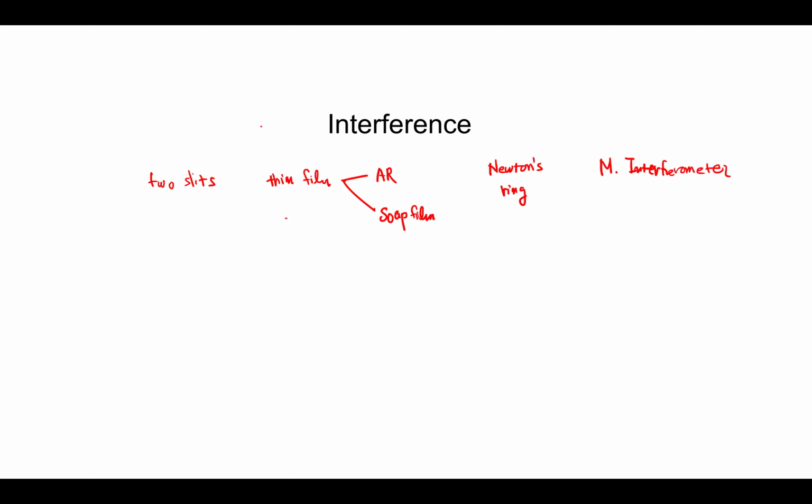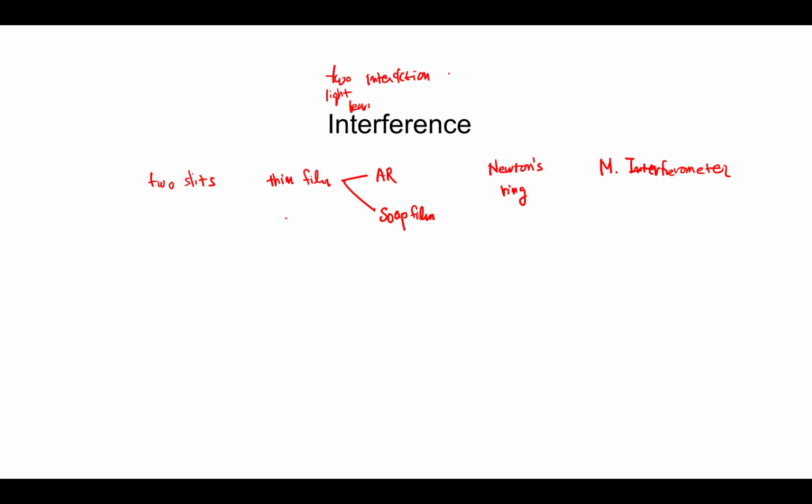And then you need to know the most important thing is that interference is related with the two beam. So two beam interactions, two light beam interactions.